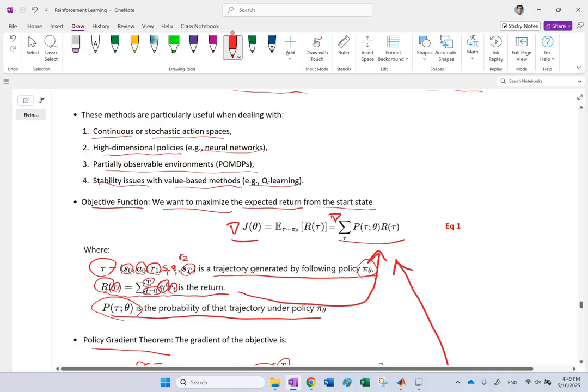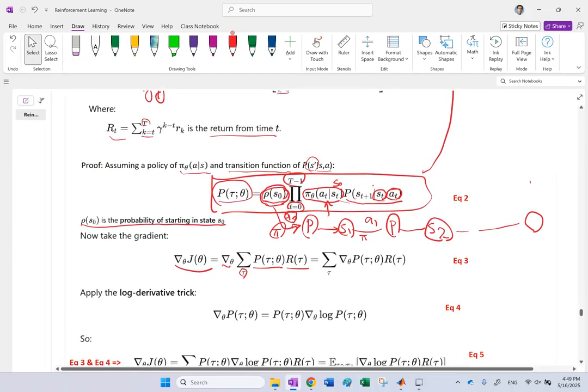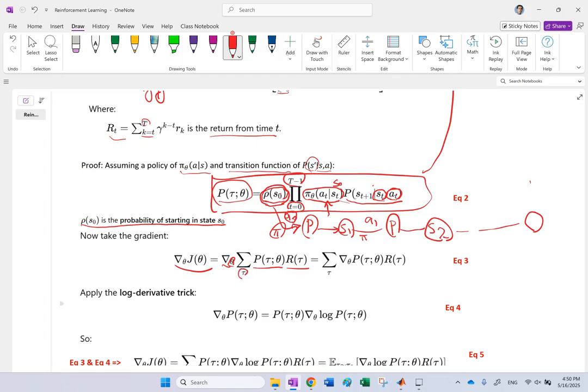And now, here, know that this is a derivative with respect to theta, right? And this is a summation over the trajectory, so I can take this del theta inside the summation and write it like that. Okay, that's the same thing.